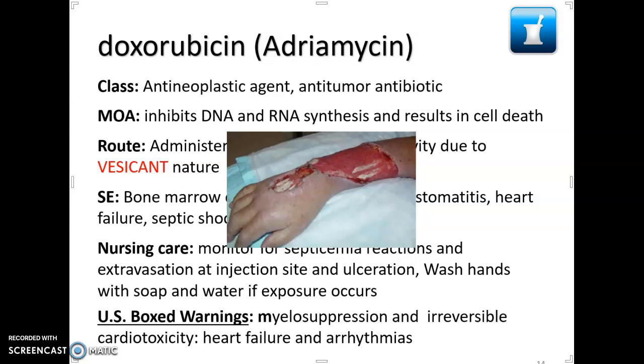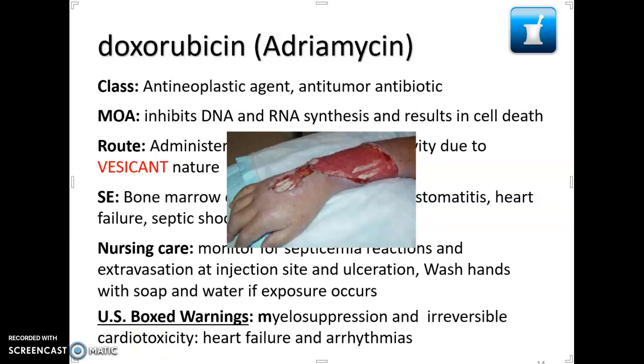So doxorubicin, in addition to being aware of its vesicant nature, you want to monitor again for septicemia, which is again just infection due to bone marrow suppression. And the other thing about adriamycin is this is the drug I was telling you about that has a lifetime dose.